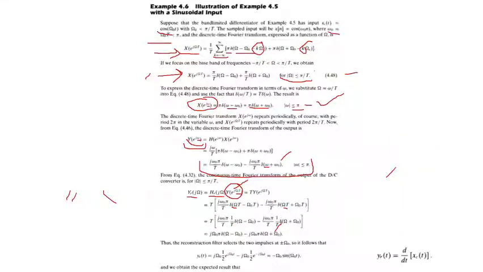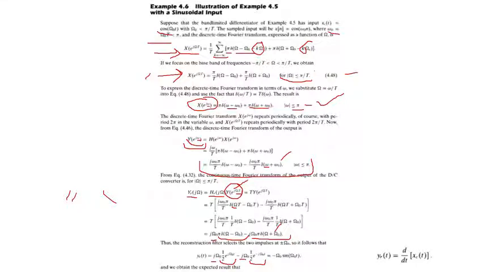Now everybody knows the inverse Fourier transform of an impulse. If I take the inverse Fourier transform of this impulse and of this impulse, it is 1 by 2 e^{-jω0t}, 1 by 2 e^{jω0t}, and then the scaling of jω0.